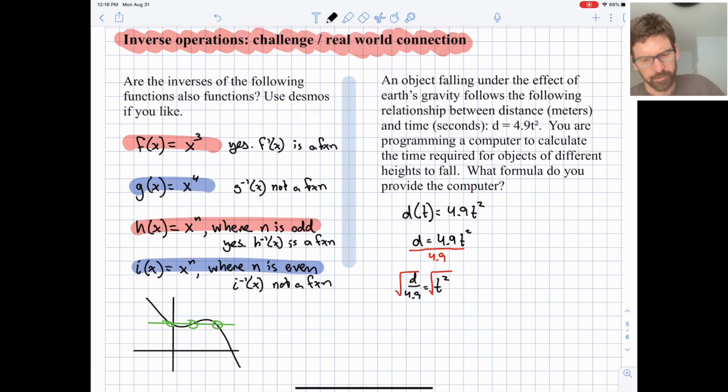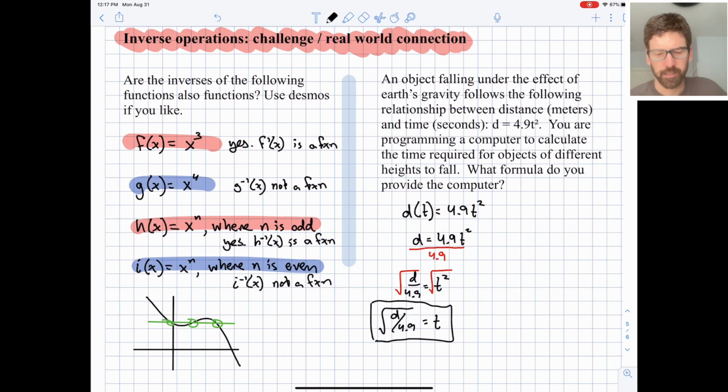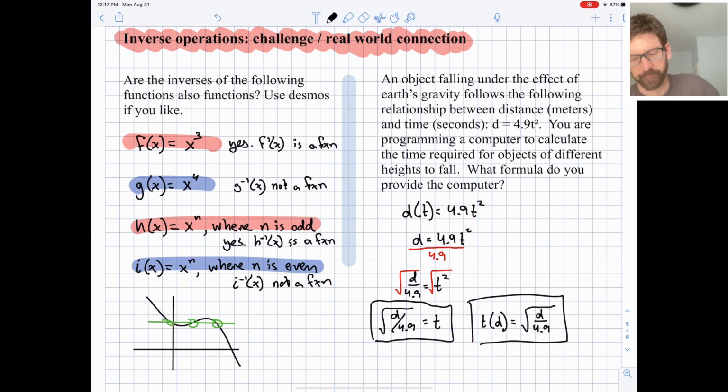That's going to give us t is equal to the square root of d over 4.9. That's really all it is. We just needed to isolate for the other variable, for t. So now we have t as a function of distance is the square root of distance over 4.9. Nice, we did it. It's a good place to stop.